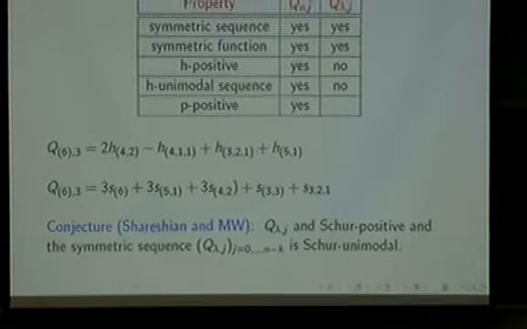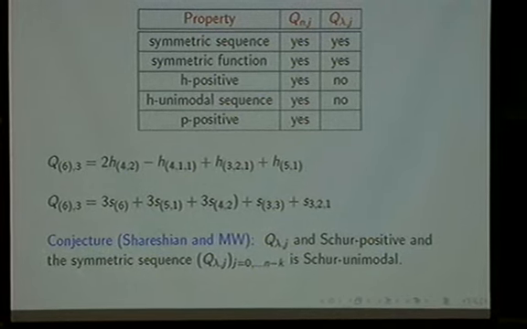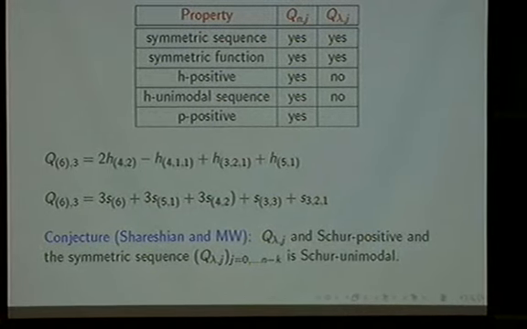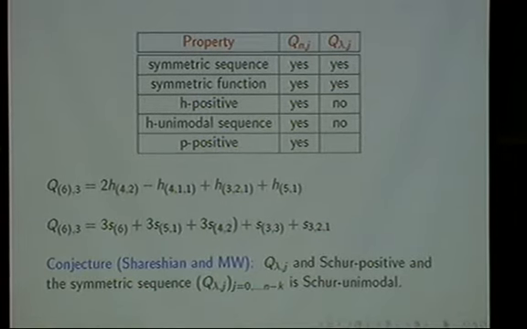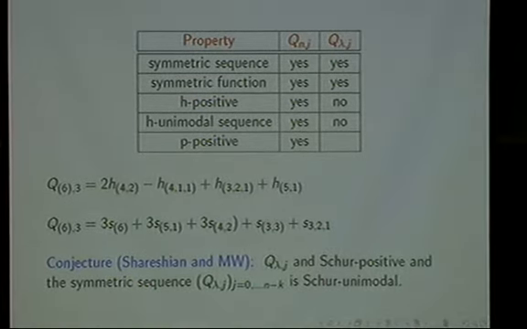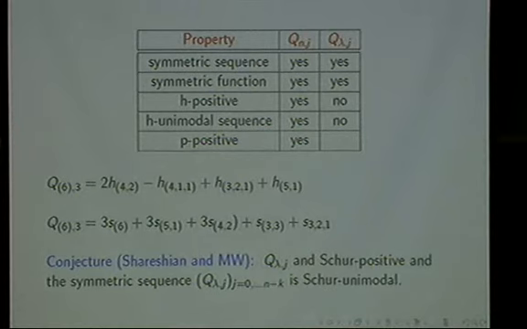But it turns out that it is Schur positive. Well, checking on the computer, it was Schur positive. We checked this up to n equals 8, I believe, and we got Schur positive every time. So we're conjecturing that these are Schur positive, and the symmetric sequence is Schur unimodal.